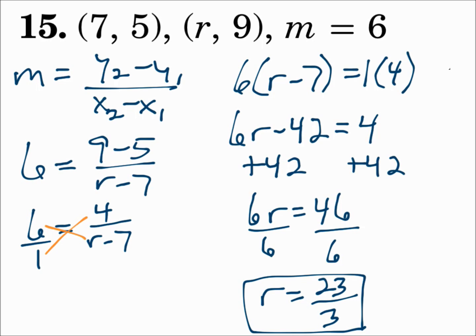Whatever it is is fine. It could be a fraction, it could be positive or negative, it could be 0. Just remember, you find it by substituting all the values in, setting up for cross multiplication, and then finish solving for r. So remember to use the slope formula. M equals y2 minus y1 all over x2 minus x1.